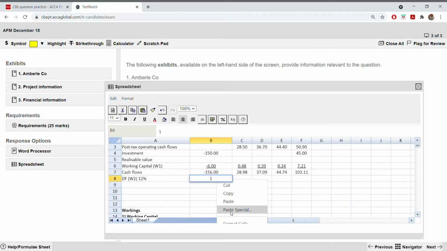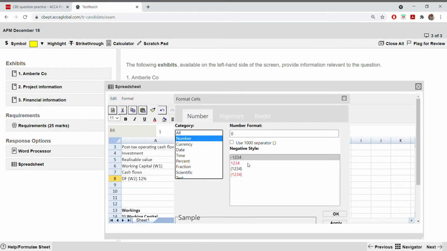Another thing, why they are not taking the sum function in bracket is because here the format you are taking is minus. So first you have to take it in terms of bracket before you can use it. That's why our bracket sign was not working. Please understand why your bracket sign is not working, because it works in minus only. In the format cells you can go and format it also.